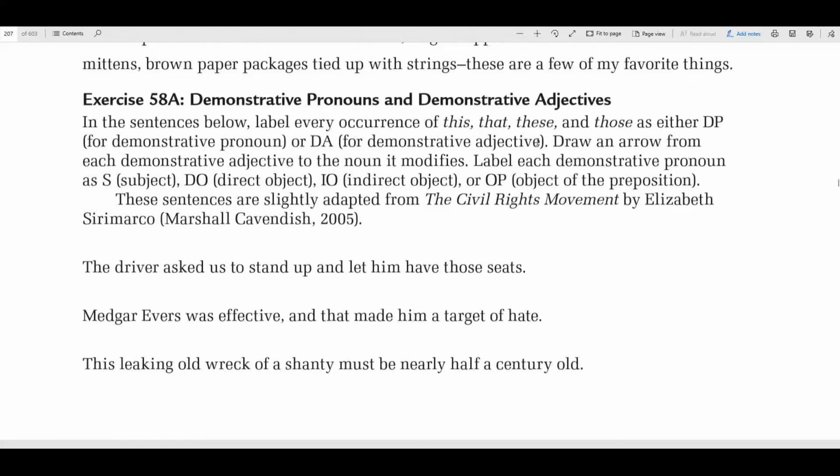And remember, that answers which one. Draw an arrow from each DA to the noun it modifies. Now, if it's a DP, we don't have to draw a line. Label each demonstrative pronoun as subject, direct object, indirect object, or OP. So with the DPs, we have to label those. With a DA, we need to draw a line to what it modifies.